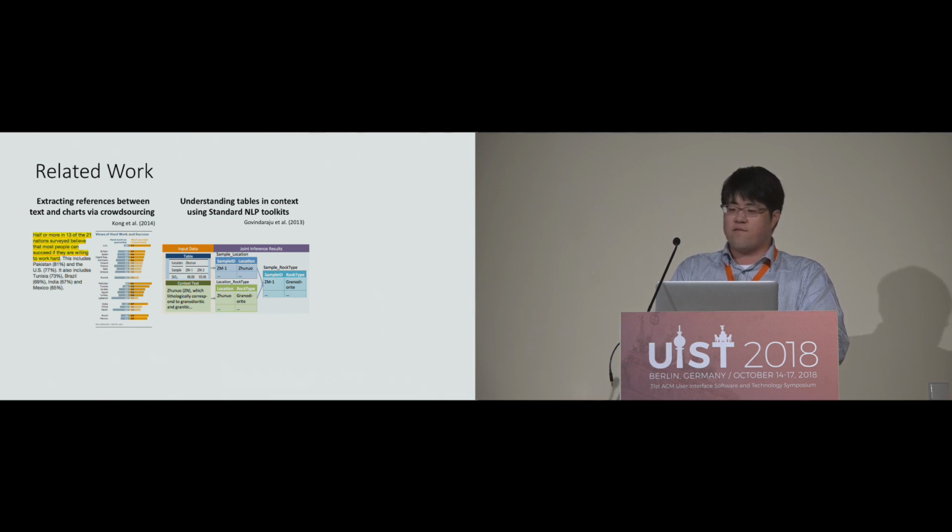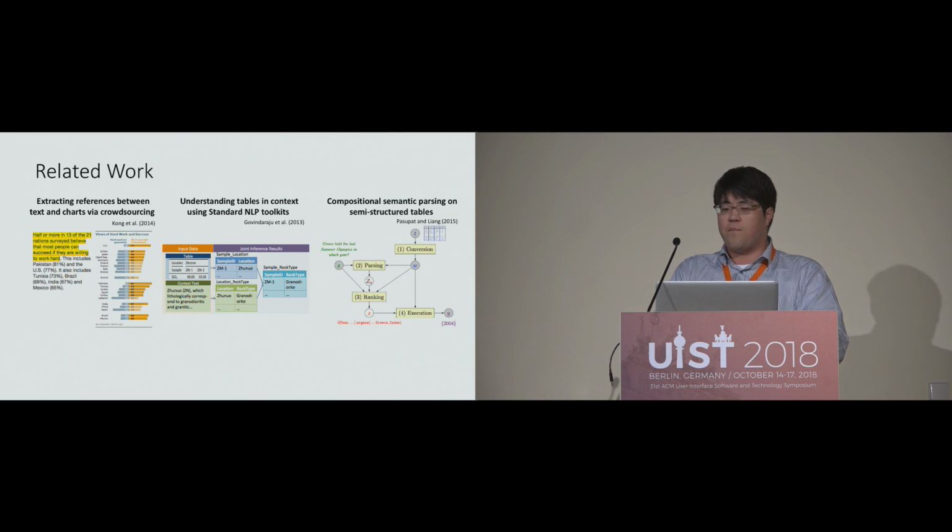We focus on a different problem, extracting references between text and tables to improve the reading experience. Finally, Pasupat and Liang have developed a natural language question answering system for tables that assumes questions of a specific form. We also use natural language techniques, but do not rely on the same assumptions in extracting the references.